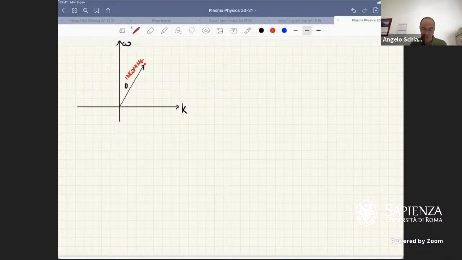So we can pick up a point here, which is represented, for instance, by a reflected wave. Let's suppose this is the wave number 1 in the final state, and it is the reflected wave.